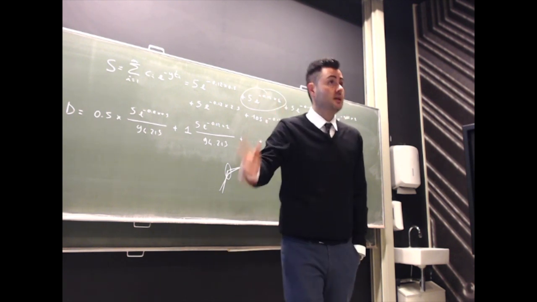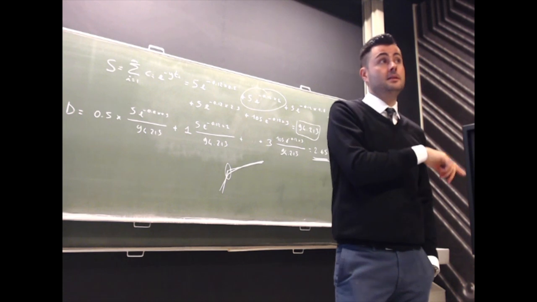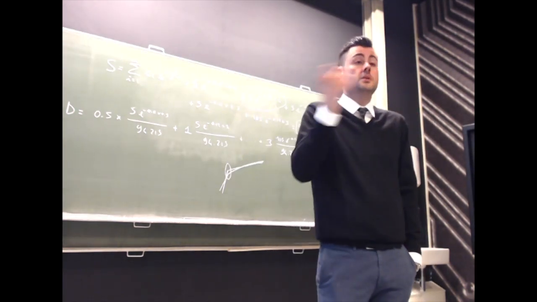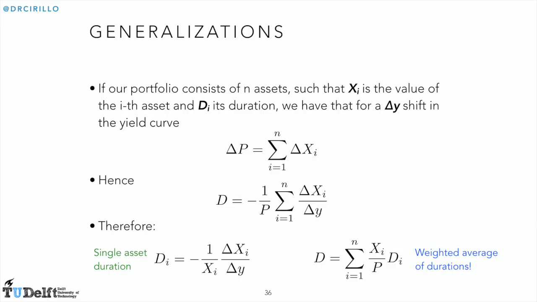I'm not saying that necessarily all assets need to change. For some assets, maybe the change is 0. But still, if I sum something plus 0, I can do that, and I can always write the change in the portfolio as the sum of the changes in the assets.